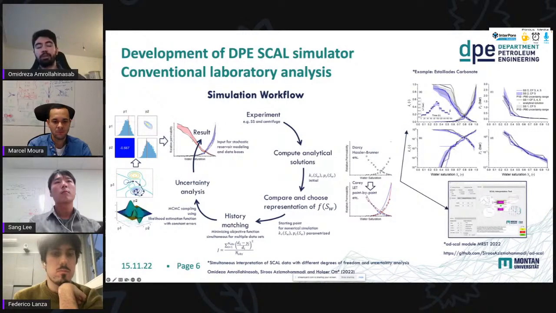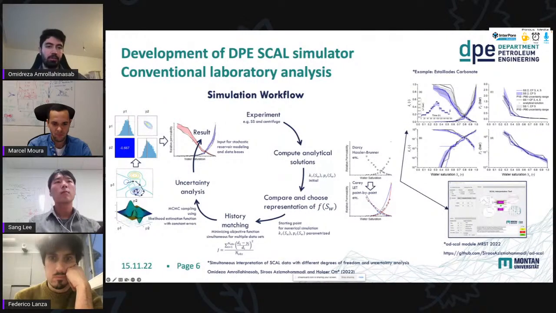Then the predictive capabilities are limited. So we developed this workflow where you can simultaneously history match all your experiments together, so both the centrifuge and the steady state that you have, starting from analytical solutions and then putting it in a simulator.